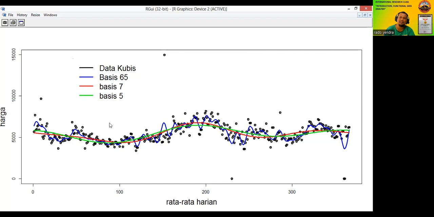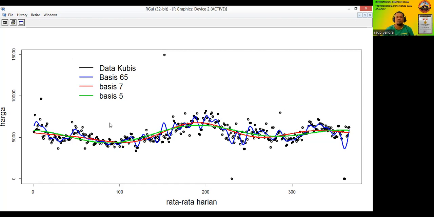The red one is from the function with the 7 bases, and the green one is from the function with the 5 bases. You can see the blue one is the best one.